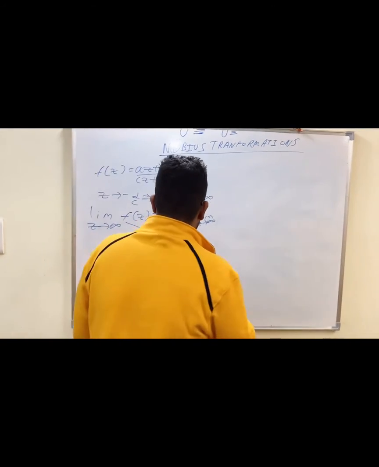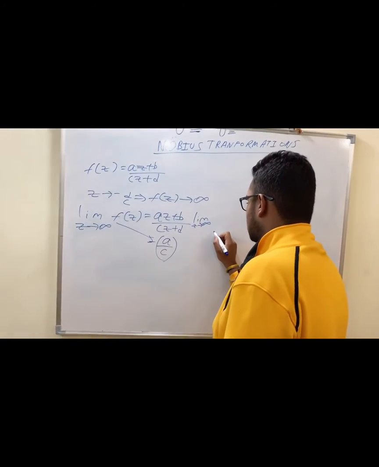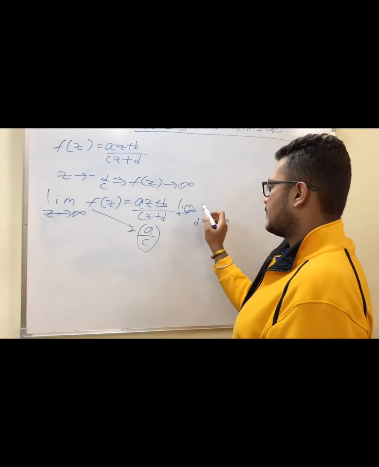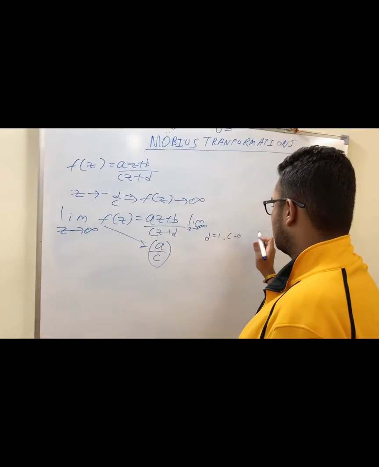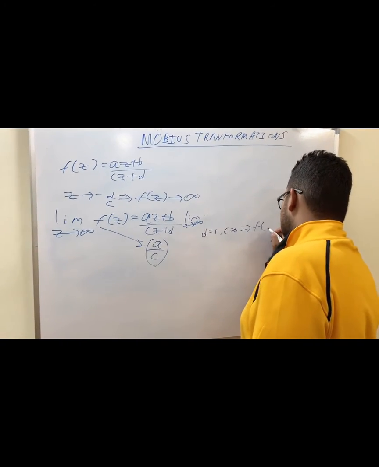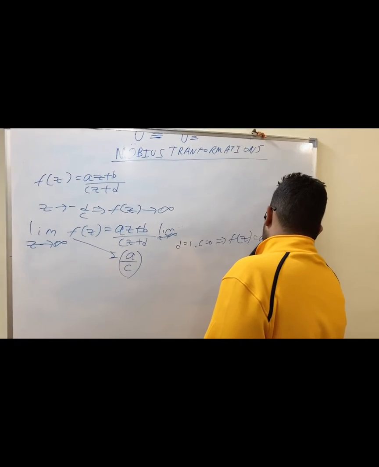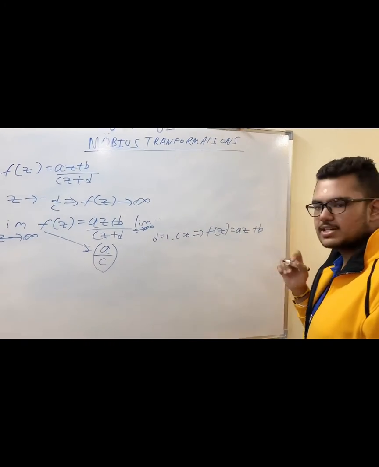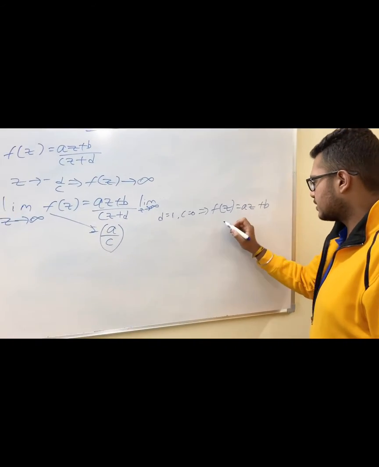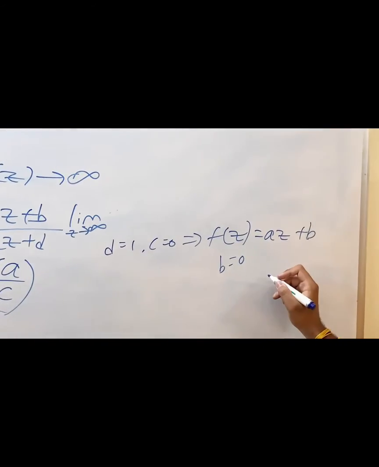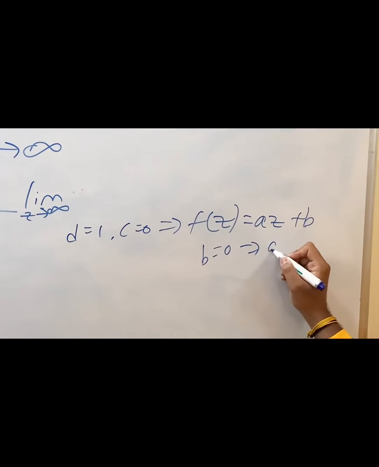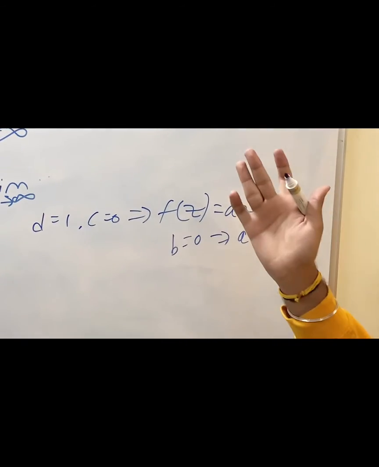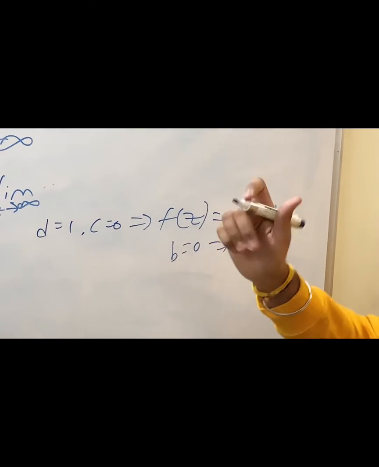If I were to have d equal to 1 and c equal to 0, then f of z will just be az plus b, and that is a linear transformation. So this takes into account rotations and stuff like that. In fact, if further b is equal to 0, I have the dilation transformation, that is to say the points magnify by some constant value, they dilate out.